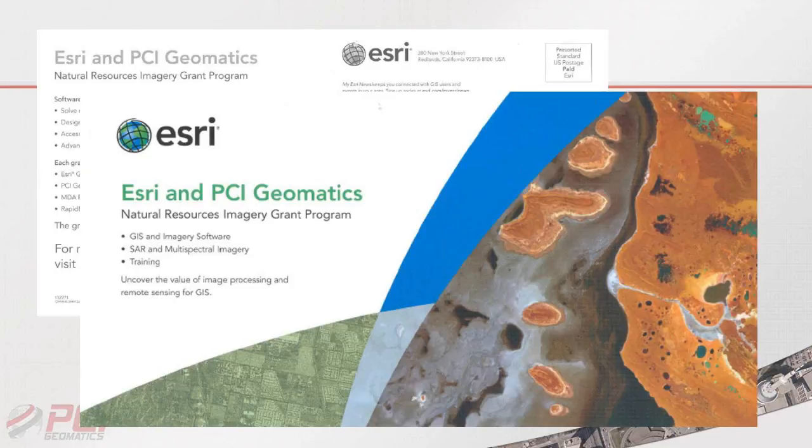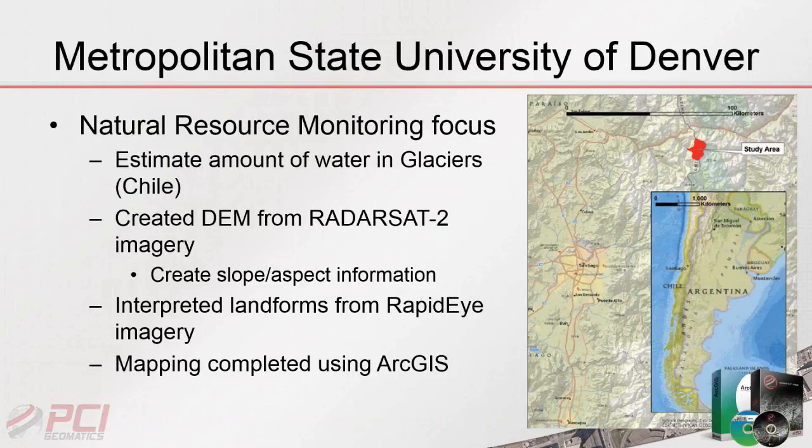They're also able to access synthetic aperture radar or RadarSat 2 imagery, as well as RapidEye imagery from Blackbridge, multispectral imagery. And we provided some training on using those tools, both Geomatica and ArcGIS, as well as the imagery, to really uncover the value of imagery for different applications.